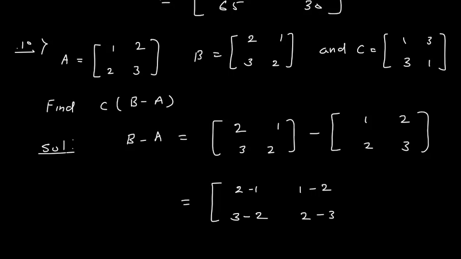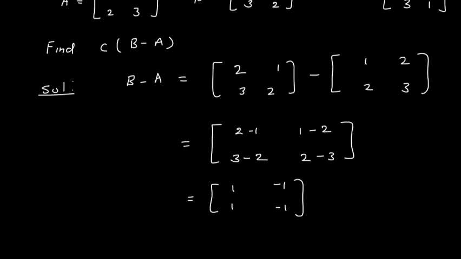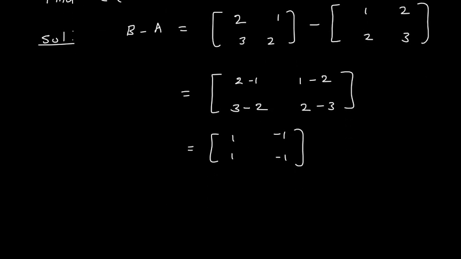And this will give me [1, -1; 1, -1]. This is B minus A. Now I have to multiply this B minus A by C. So therefore I will say that C into B minus A.